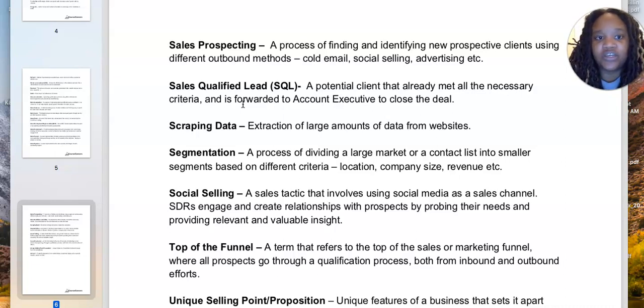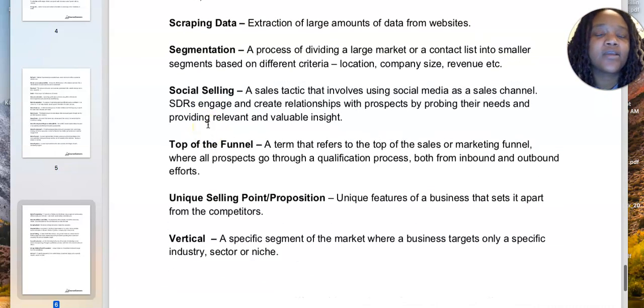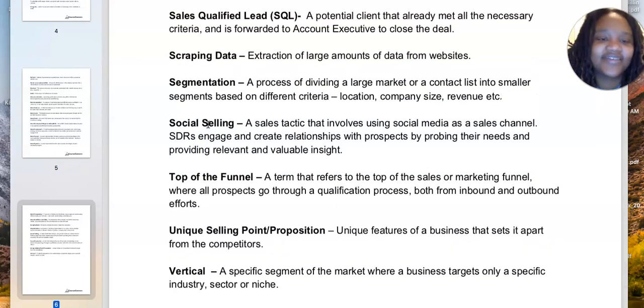The terminology that we're looking at right now is sales qualified lead, which is essentially kind of the same thing, but the only difference is, actually, there's no difference. I'm confusing my own self. Don't want to confuse you. Okay, a sales qualified lead is a potential client that already met all the necessary criteria and is getting forwarded for a meeting with an account executive. I don't want to confuse you because it's a lot.